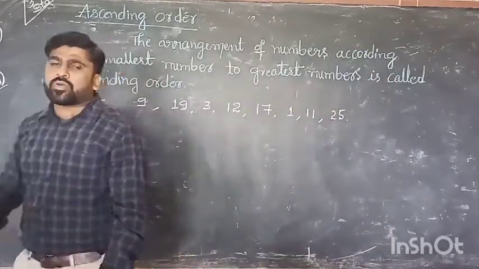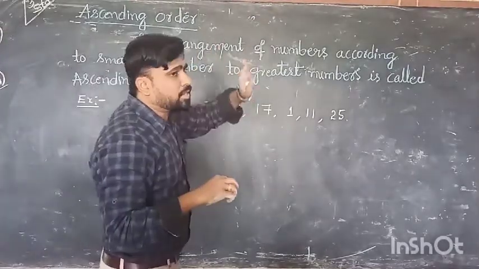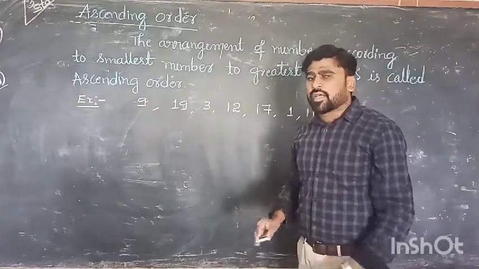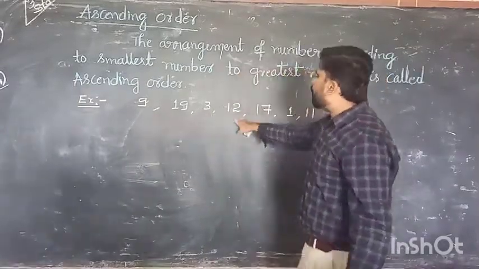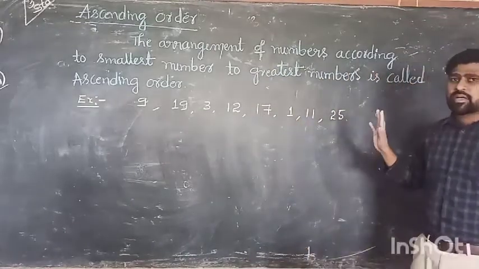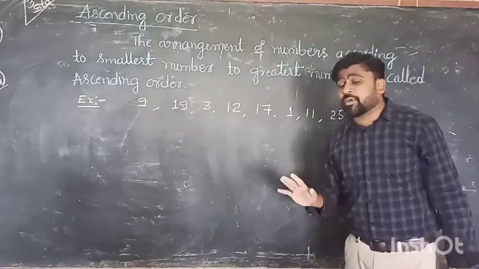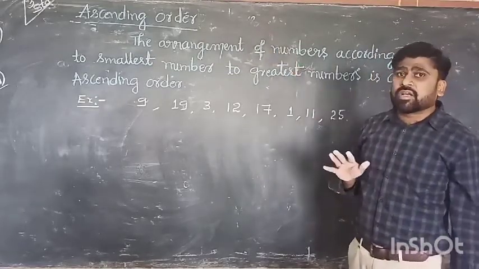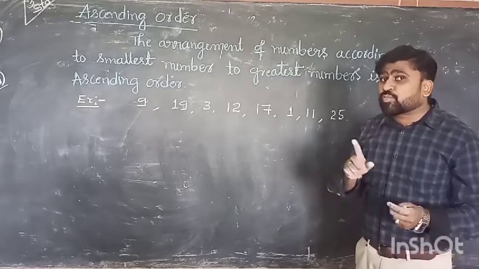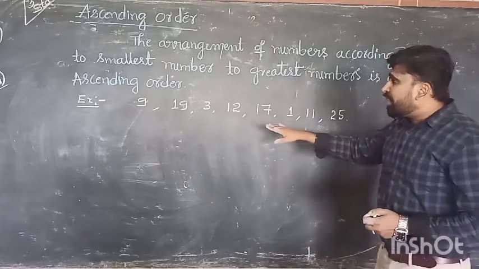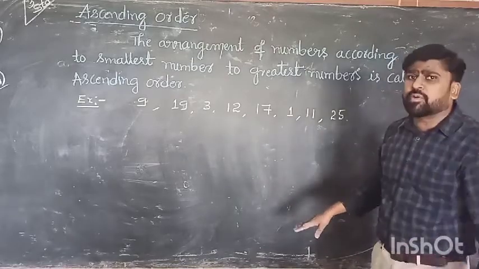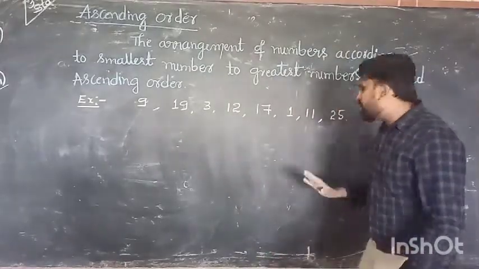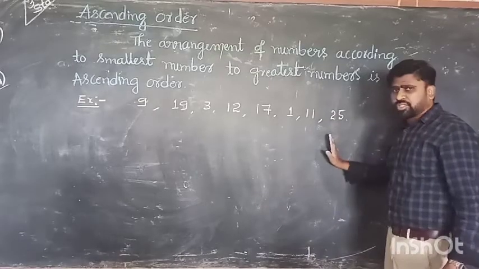How to arrange in ascending order. Ascending order is nothing but small number to big number, that you have to remember. Clear? Here total 8 numbers are there. We have to arrange these 8 numbers in ascending order. Which is the small number, you have to write first. Which is the big number, you have to write last.